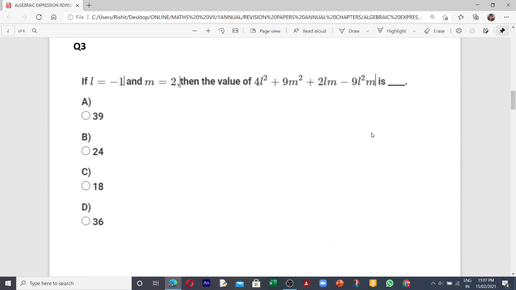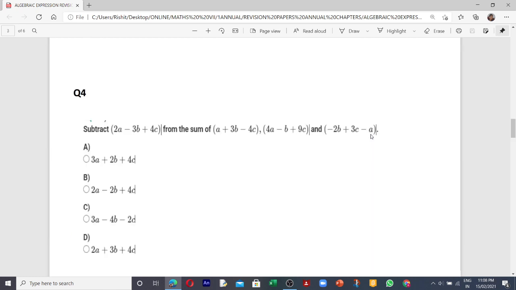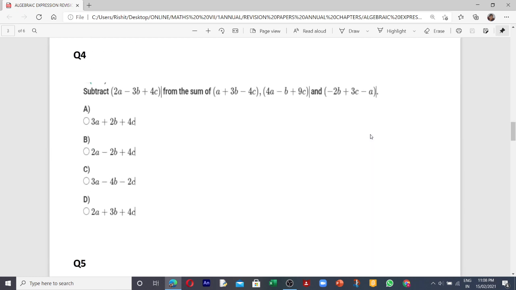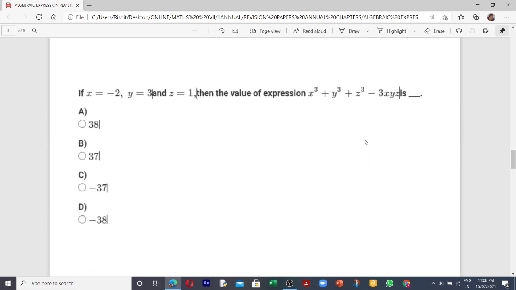This is the third question, and if you have solved it, then write down the question number with its correct option and the correct value. This was question number 4. Next, children, question number 5.